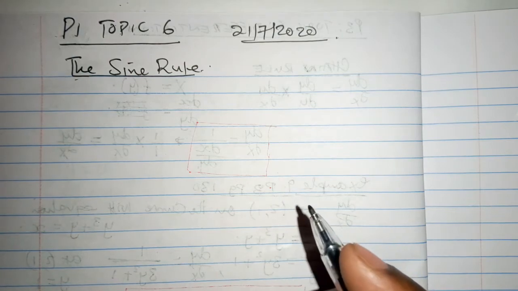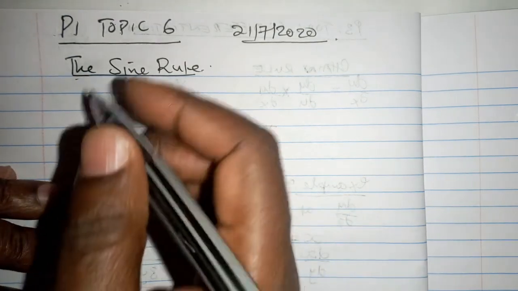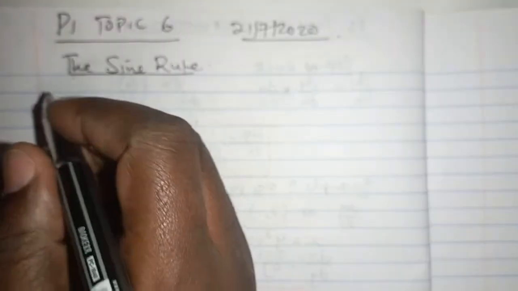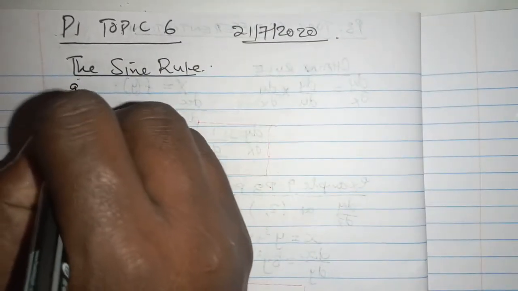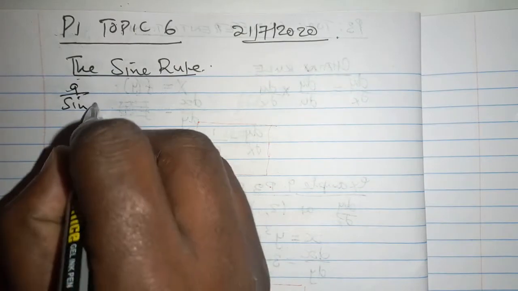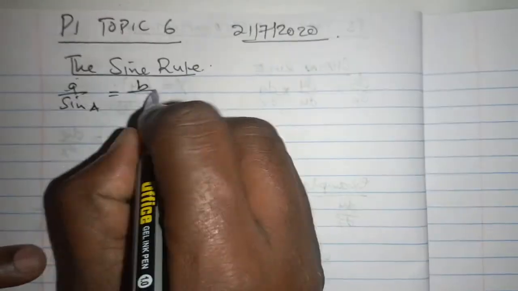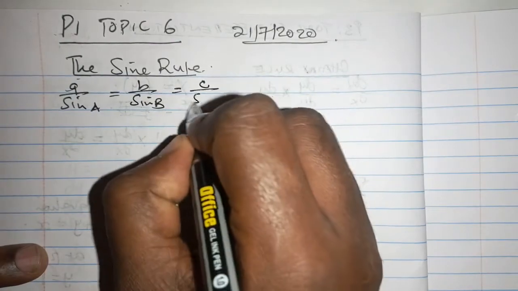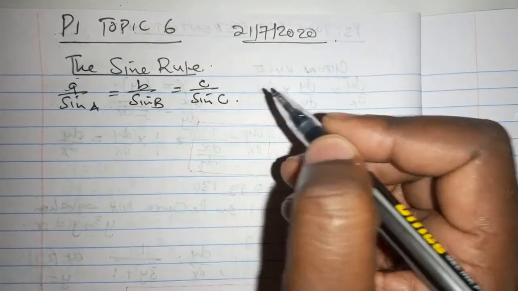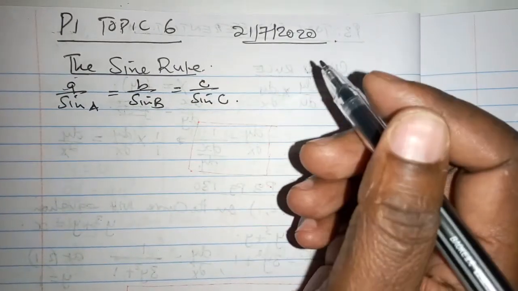But because we know the sine rule, especially the sine rule is generally a over sine A equals b over sine B, which is c over sine C. That is the sine rule.